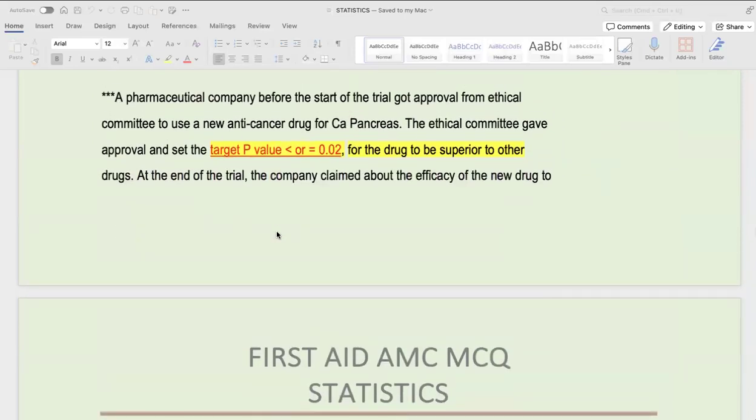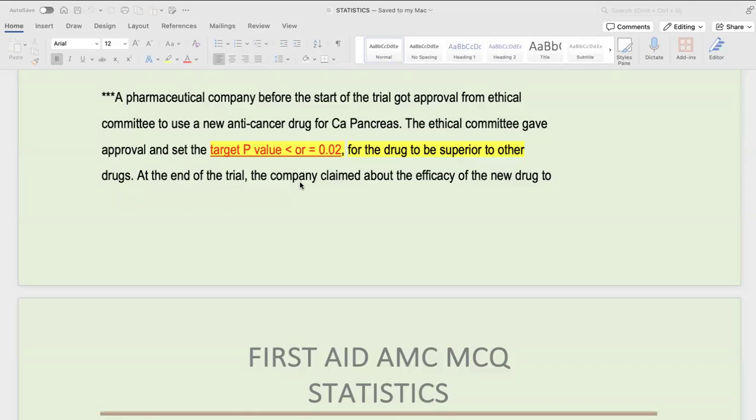So next, a pharmaceutical company before the start of the trial got approval from ethics committee to use a new anti-cancer drug for carcinoma pancreas. The ethics committee gave approval and set the p-value as less than or equal to 0.02 for the drug to be superior to other drugs.